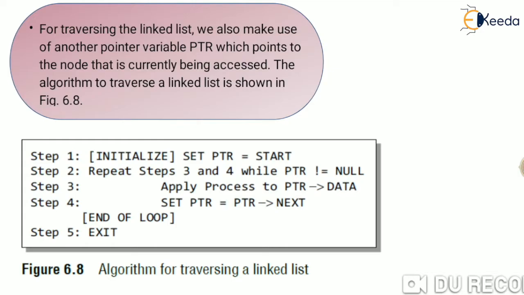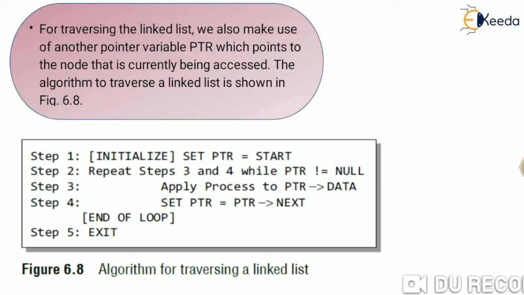Now in this algorithm, first we initialize ptr with the address of start. Now the pointer points to the first node of the linked list, as we are using the start pointer.